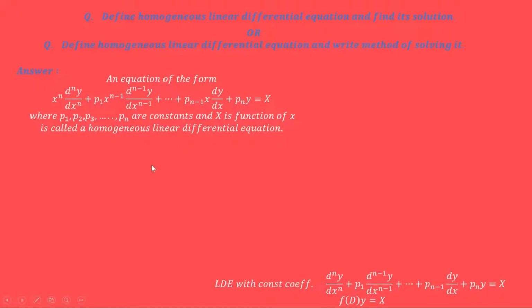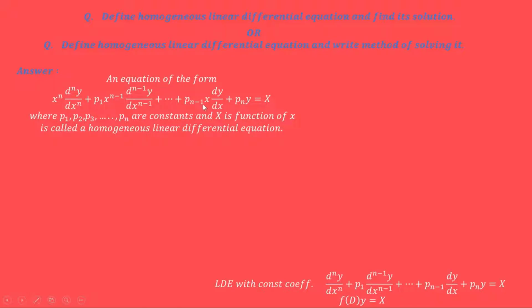Now, what is the difference between linear differential equation and homogeneous linear differential equation? If you observe the homogeneous linear differential equation, in each term, the power of x and the order of the derivative are both the same. In the first term, the power of x is n and the order of derivative is also n. Similarly, in the second term, the power of x is n minus 1, and the order of derivative is n minus 1.